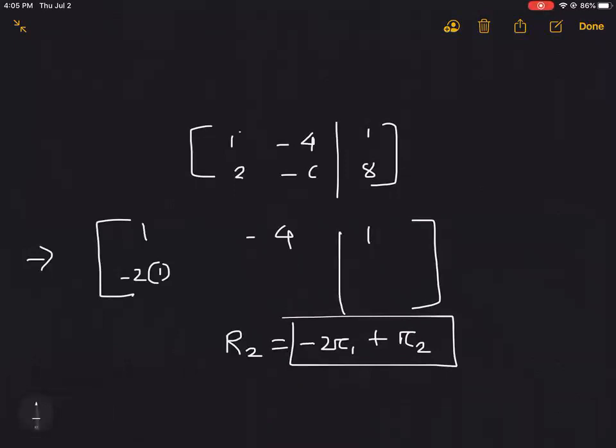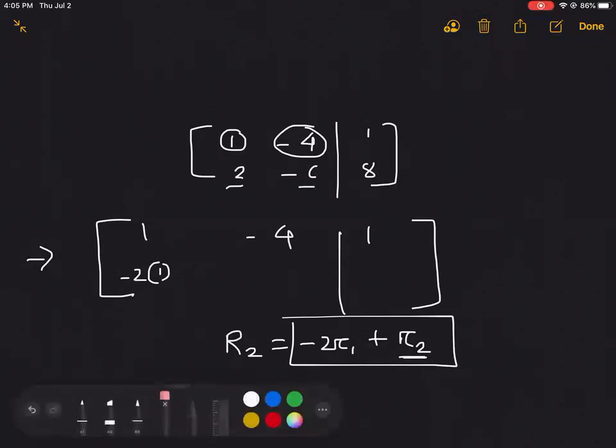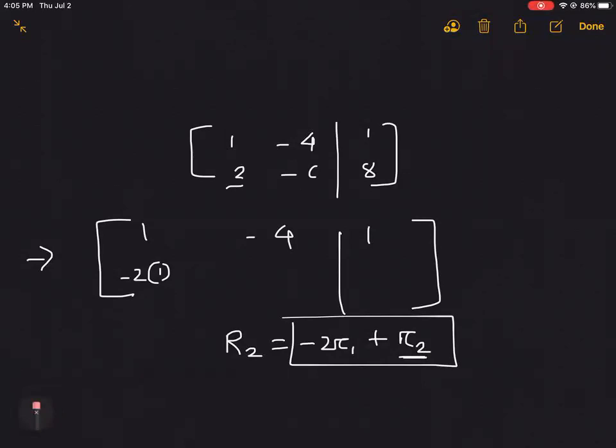That means we'll multiply each of these two elements by -2, and then we'll add the second row. That means we'll add these two with that. But as I said, you need to use the corresponding column values. Multiplying the first row by -2 means we'll multiply this by -2, as you can see here. And then adding row 2 means we'll take the first column, first value from the second row. That means we are taking the corresponding column. So this will be +2.